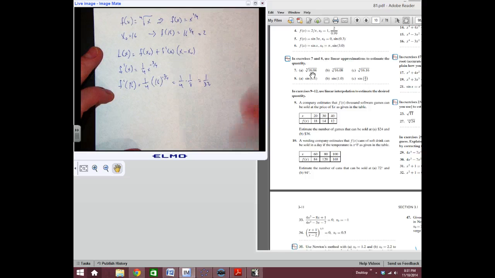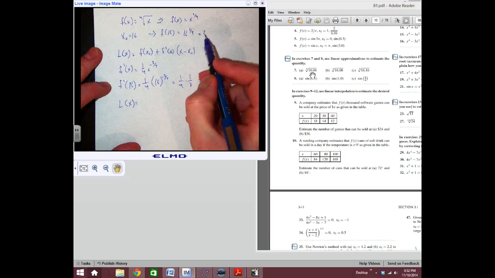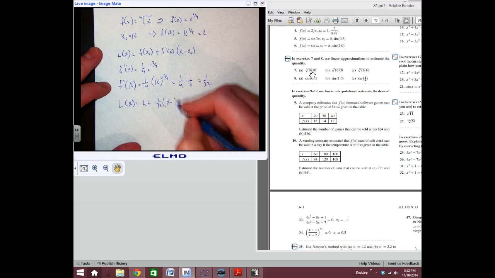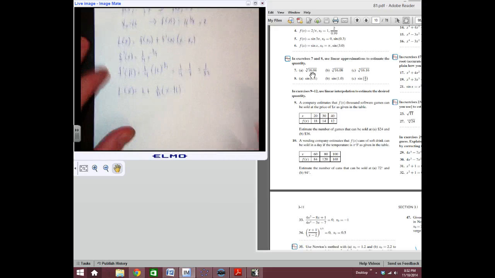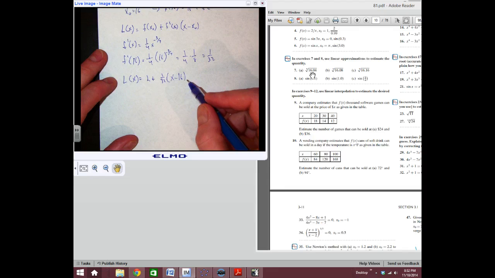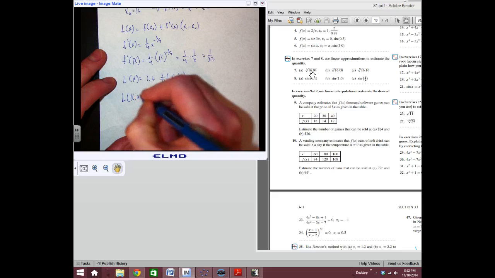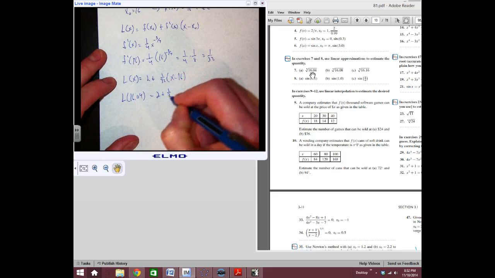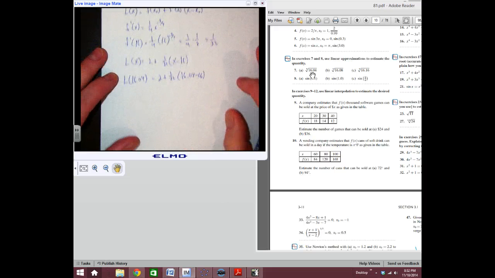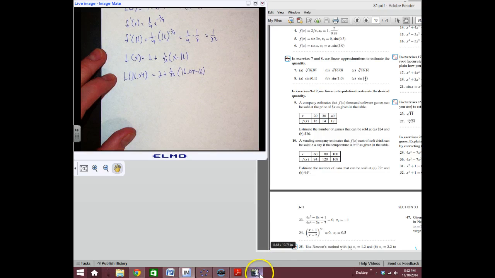So my linear approximation, the line for it: f of x naught was 2, slope was 1/32, times x minus x naught, which was 16. Okay, so there's the equation of our line. Now I'm going to use this equation to find an approximation for the fourth root of 16.04. So that'll be L of 16.04 equals 2 plus 1/32 times 16.04 minus 16. You can throw it in your calculator and get a decimal approximation if you'd like, just for the sake of time.